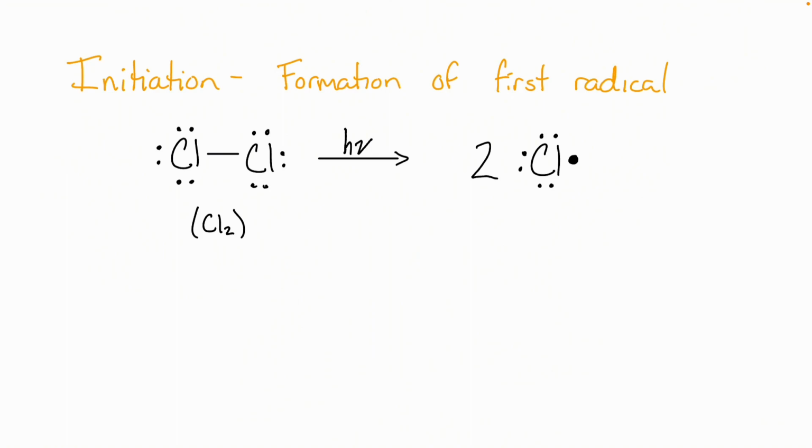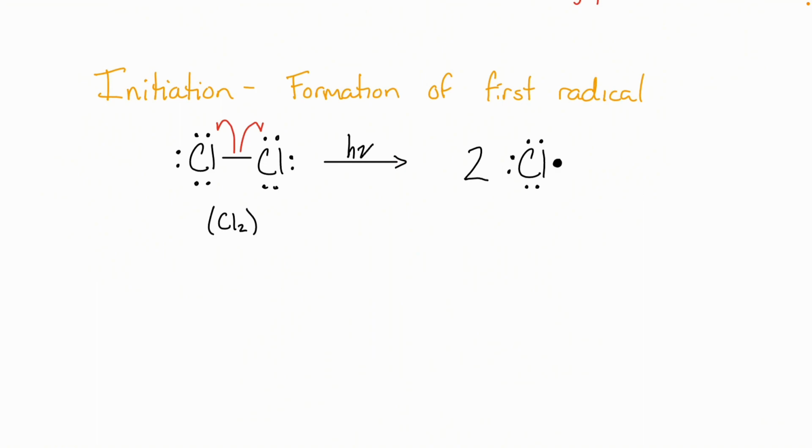Okay, what happens is the light causes this bond to break in such a way where one electron jumps onto this chlorine and the other electron jumps onto this chlorine, okay? These are what are called electron pushing arrows. Okay, and what we're doing is we're moving an electron from here, the base of the arrow, to here, the tip of the arrow.